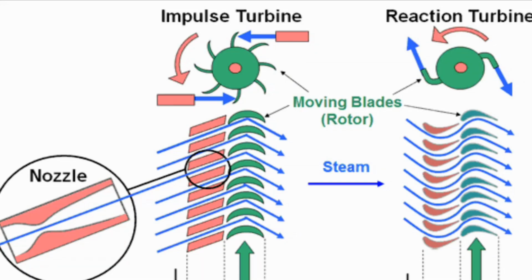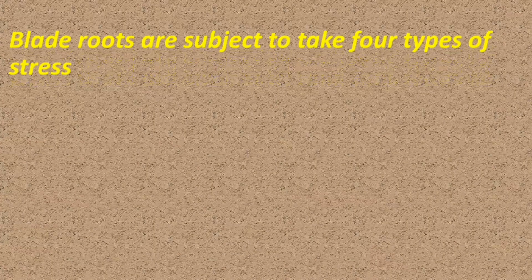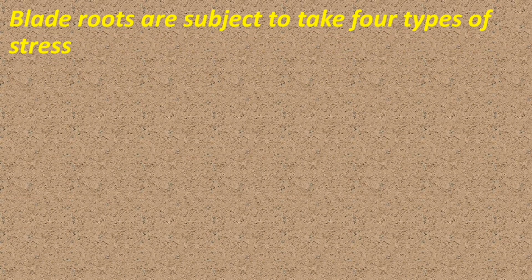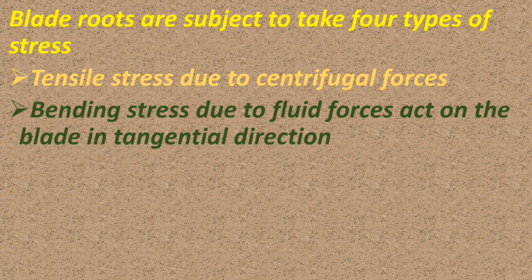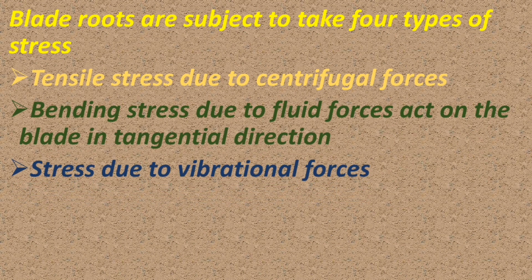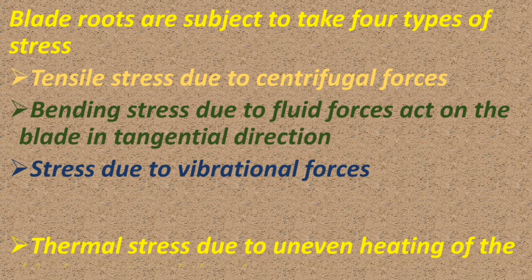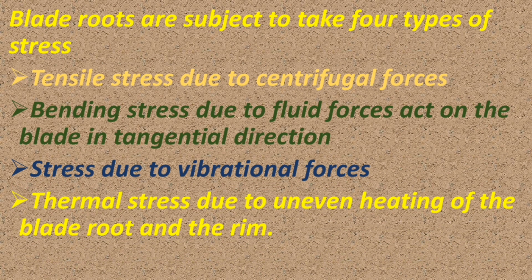Nozzles are used to guide the steam to hit the moving blades and to convert the pressure energy into kinetic energy. Blade roots are subjected to four types of stress: tensile stress due to centrifugal forces, bending stress due to fluid force acting on the blade in tangential direction, stress due to vibrational forces, and thermal stress due to uneven heating of the blade root and the rim.